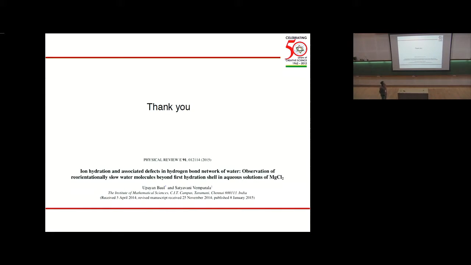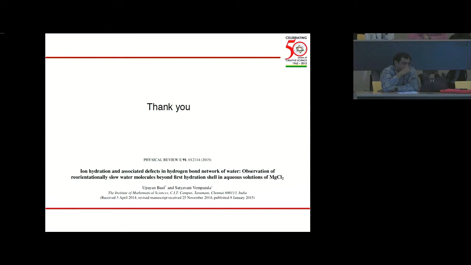Time scales for. So at least in the paper, we try not to assign a particular physical process to that because we were not sure. But a couple of things are along the lines of this jump mechanism. What we feel is that you have now these domains, and there's a coarse graining that's happening. The first two probably correspond to intra-domain, where the water molecule is looking at what is happening.